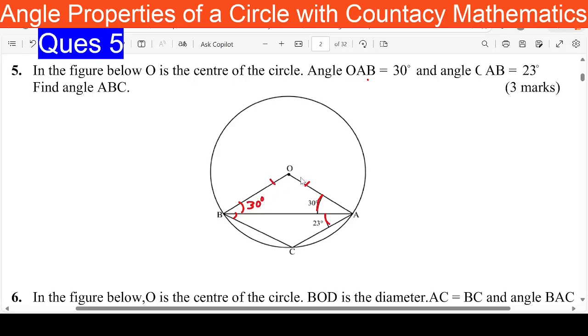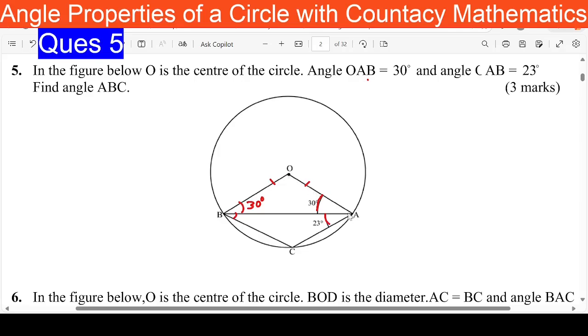Why? Because whenever we have two lines being equivalent, the base angles are always equal to each other, and we have to write that down.